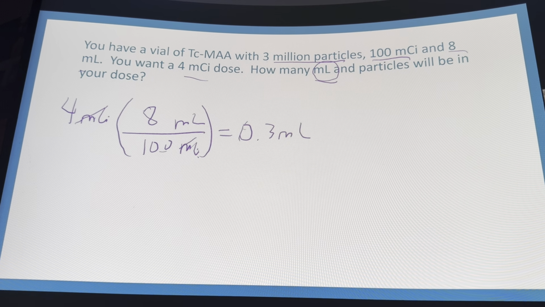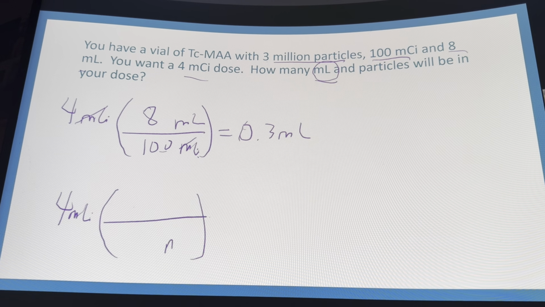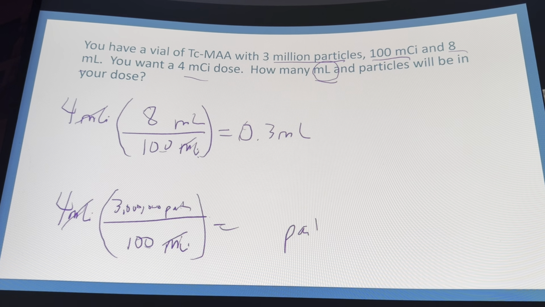Now I'm going to do the same thing except for particles. Still a 4 millicurie dose. Whatever's on top goes on bottom, so I'll put my 100 millicuries down here, but now I'm going to put my 3 million particles on the top. Millicuries cancel, I'm left with particles. 4 times 3 million divided by 100 is 120,000 particles.